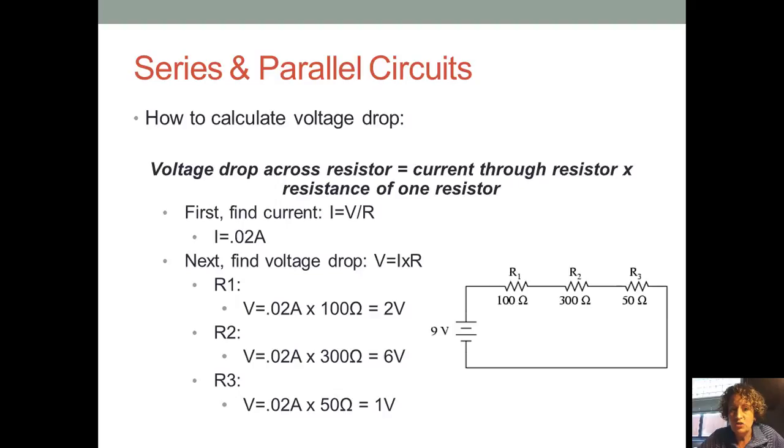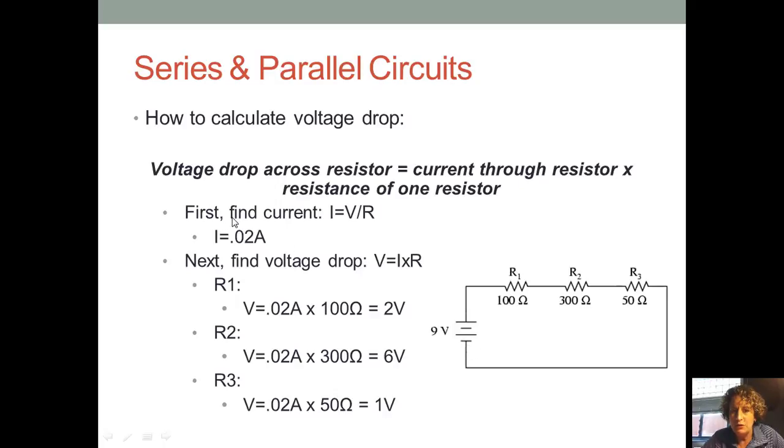Again, we know that voltage drop across each resistor equals the current through the resistor times the resistance of one of those resistors. So first, if we're looking at this series circuit right here, we know that we've got 100 ohms of resistance, 300 ohms of resistance, and 50 ohms of resistance for resistor 1, resistor 2, and resistor 3. We are using a 9-volt battery.